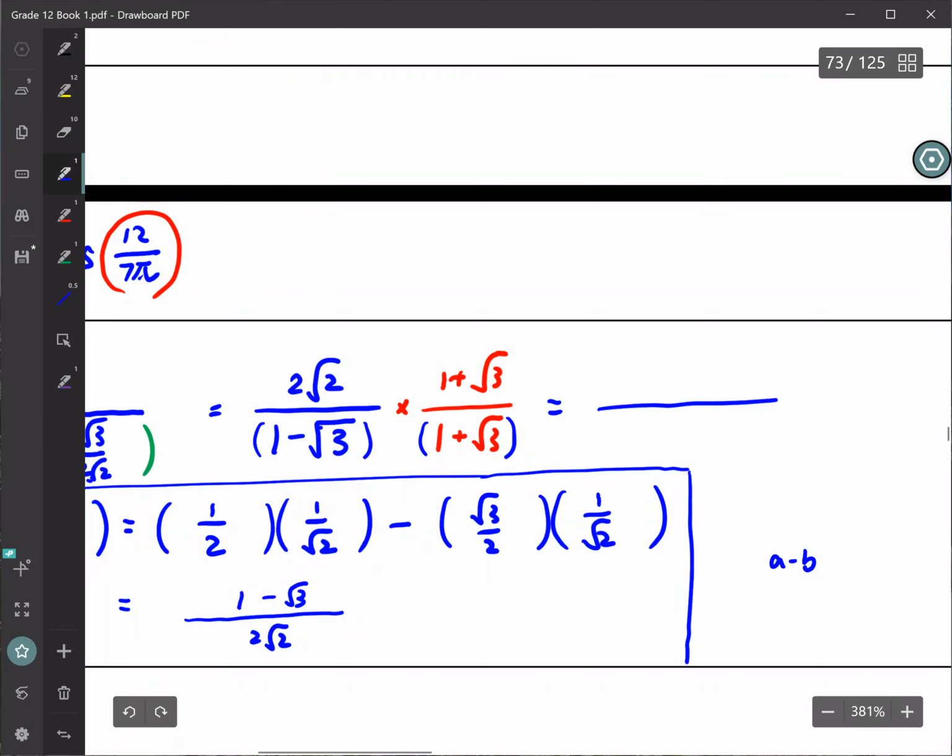You follow? Yeah, okay. And then 1 plus root 3 is like the a plus b, right? So what happens when you multiply those two together? A squared minus b squared. Okay, so what's the a squared equal for this example? 1. 1 squared, right? Okay, minus b squared. What's the b squared then? Root 3 squared. Yes, okay, root 3 squared. So what's the result then?